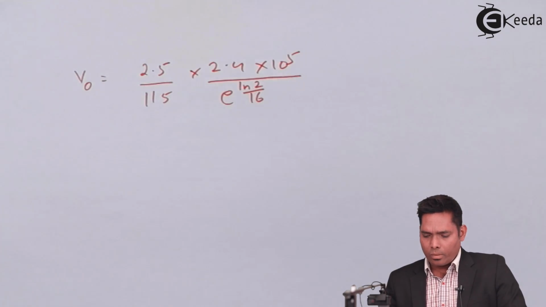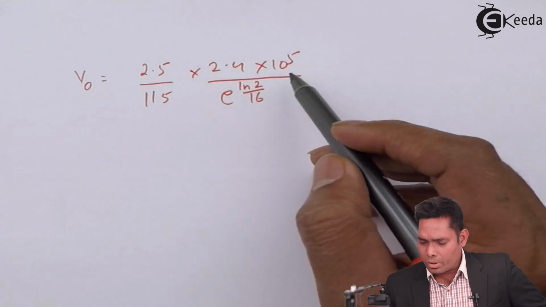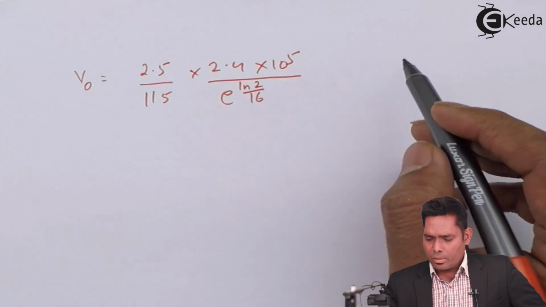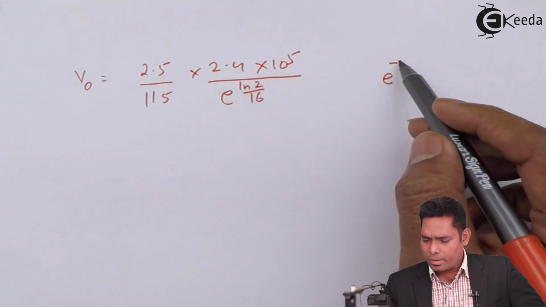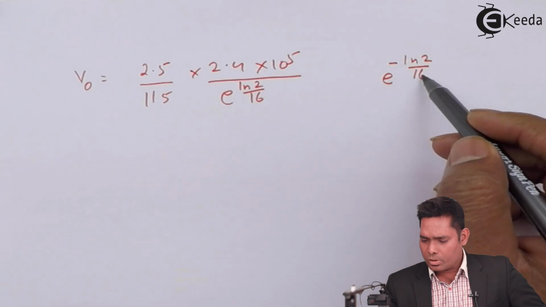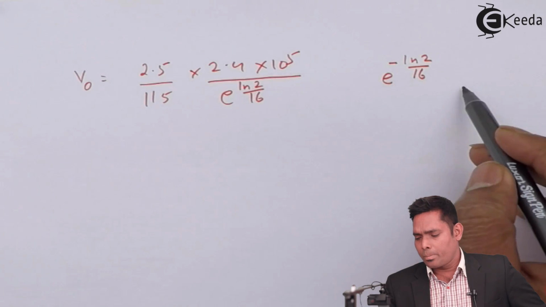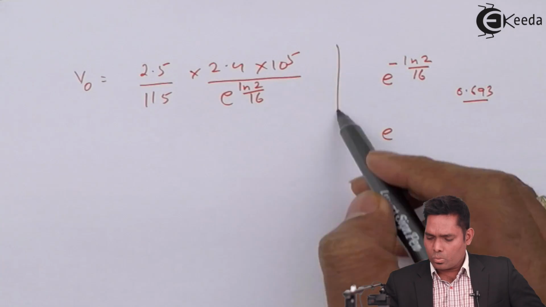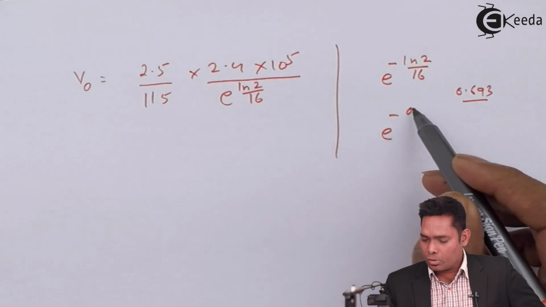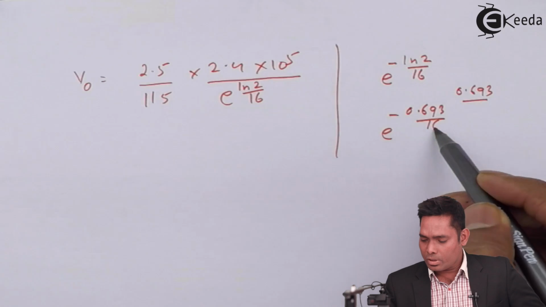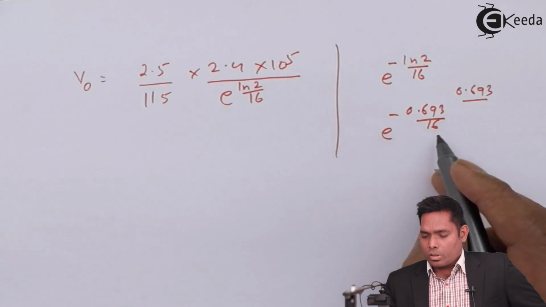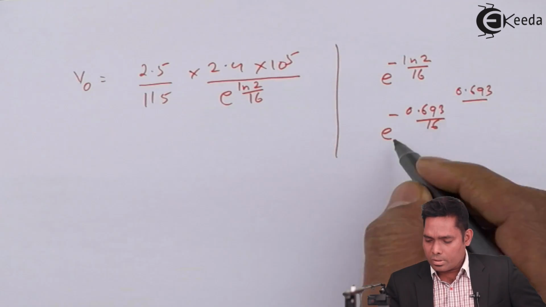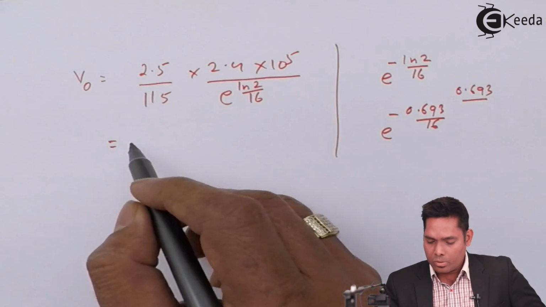Or you can write it as 1 minus this, whatever the value is, since this is a very small number. This is actually e raised to minus ln2 divided by 16, nearly e raised to minus 0.693 divided by 16. This number is small, so we can approximate.